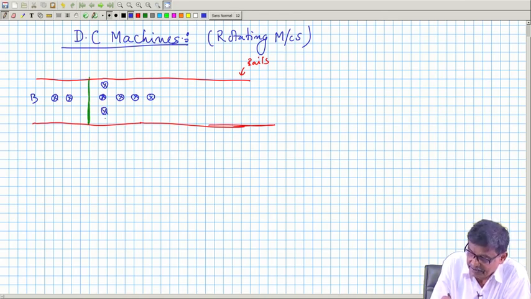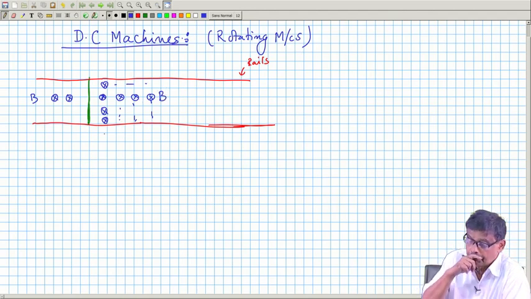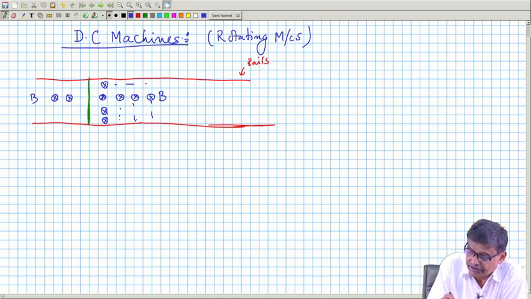Everywhere it is B, flux density. So, this is the flux density B from top to bottom, and this is a conductor.